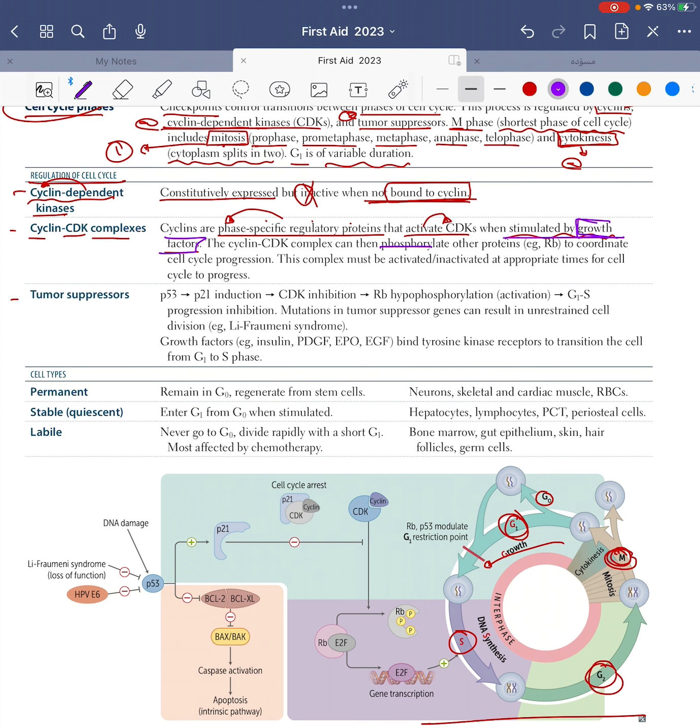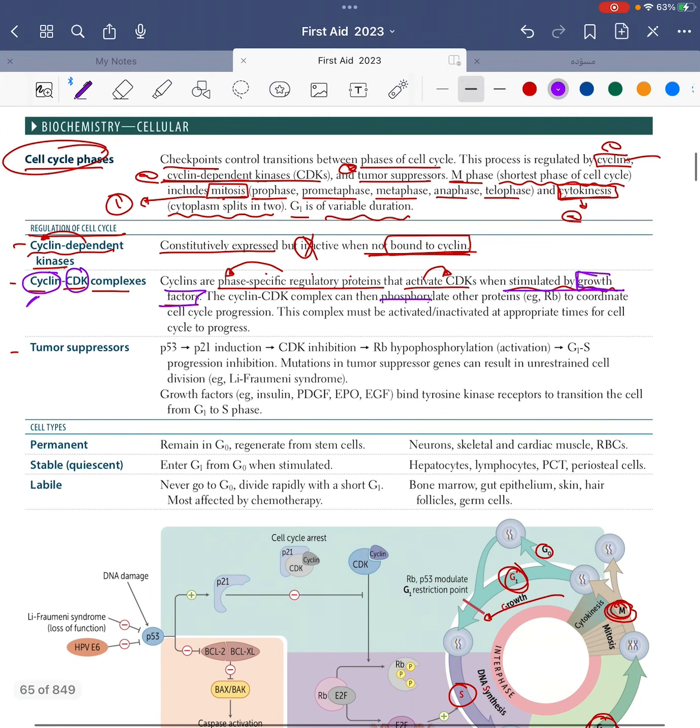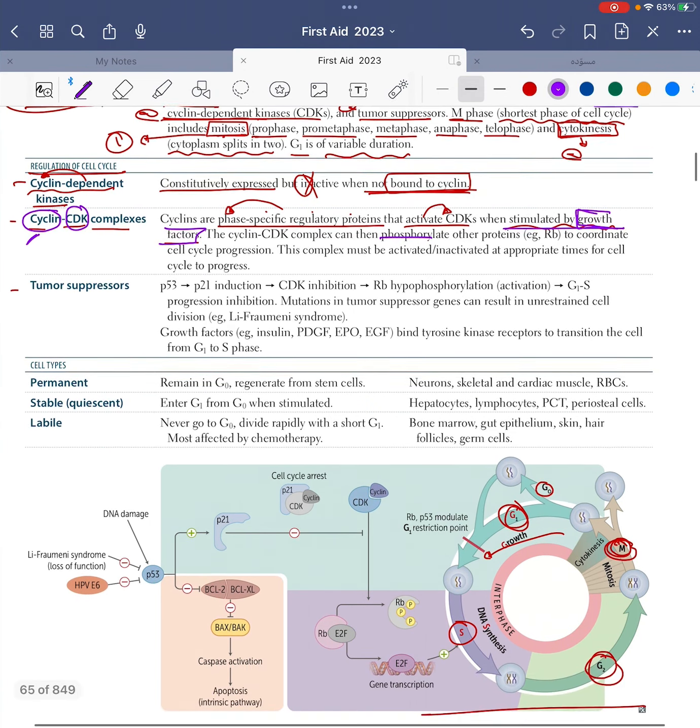So the main idea is that these are a combination of two main things. The first one is the cyclins, as we said over here. And then we do have the cyclin-dependent kinases. So these two parts joined together form complexes. And these complexes are identified as proteins that regulate specific phases.